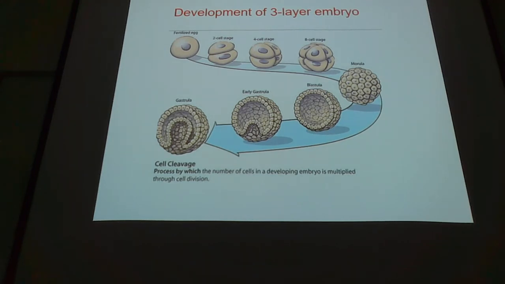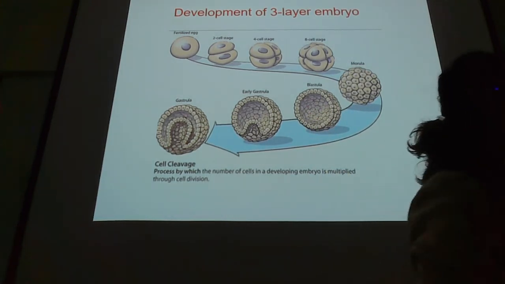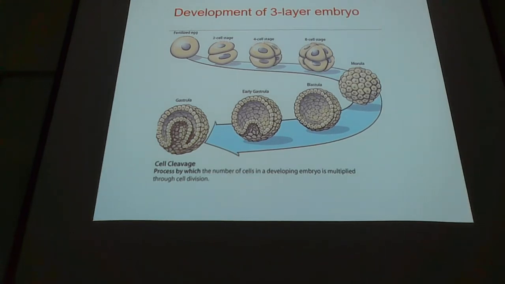Then the next step is to become a so-called gastrula. So this hollow ball, I wish I had with me a deflated volleyball, and I could show you. Imagine a deflated volleyball. I can punch it and make an invagination in that ball because it's soft.